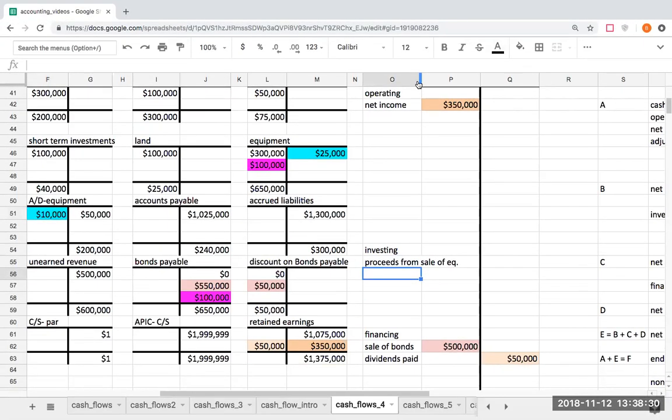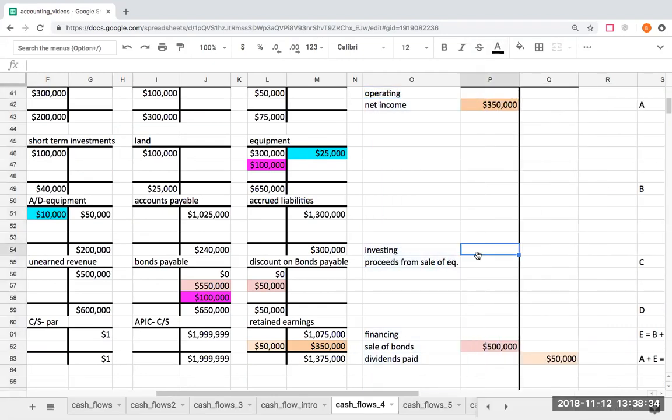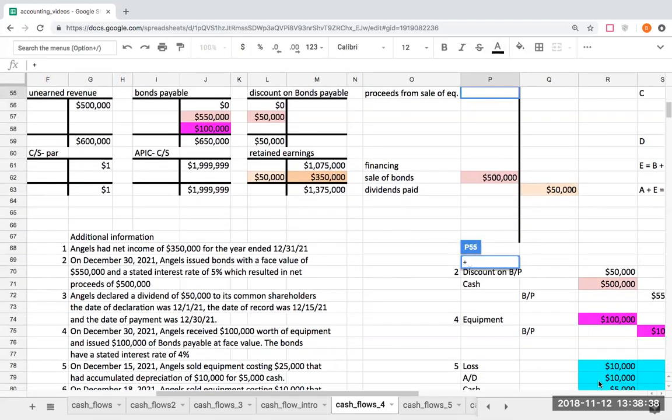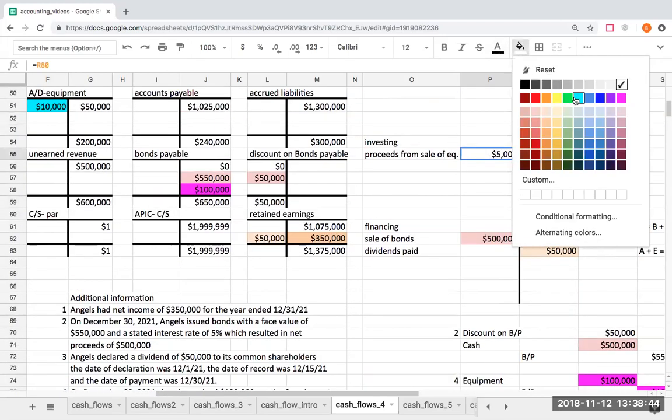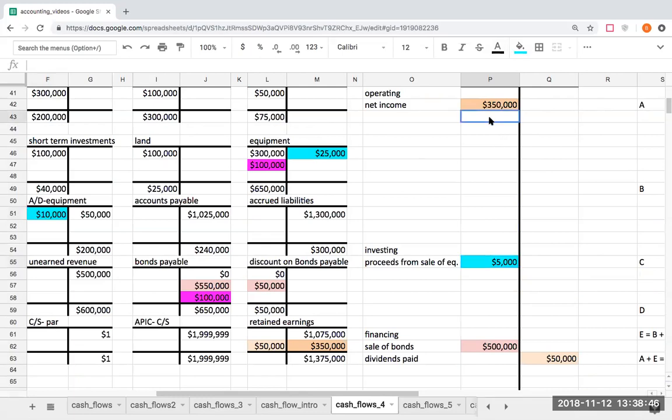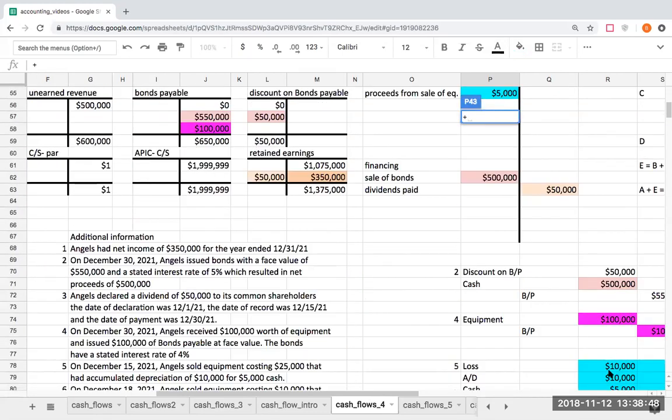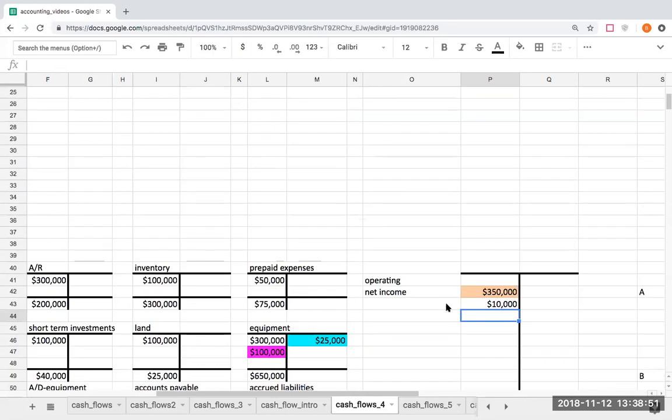This right here is going to be $5,000. And then lastly, I'm going to have a loss on sale of equipment, and this is very important, of $10,000.